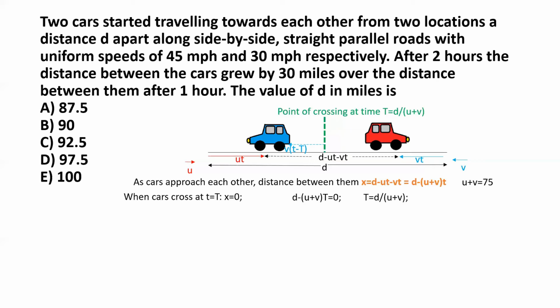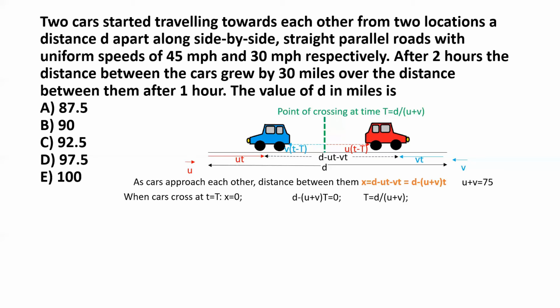But here I'm just interested in the distance the cars have traveled since the crossing. That's why within parentheses for the time I have small t minus capital T. So the blue car traveling with the speed of v will have traveled a distance of v multiplied by small t minus capital T, and similarly the red car would have traversed a distance of u multiplied by small t minus capital T.